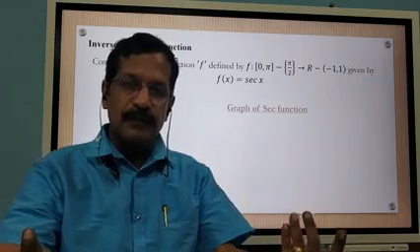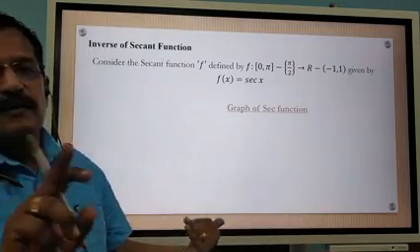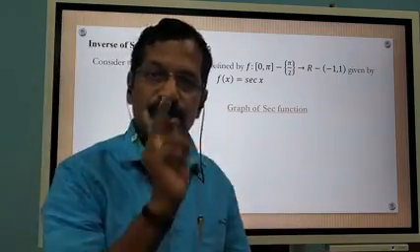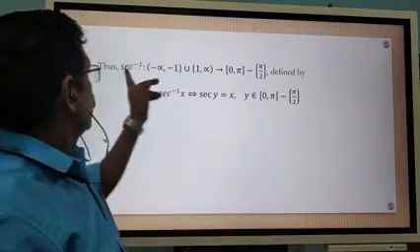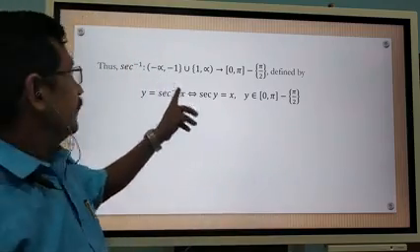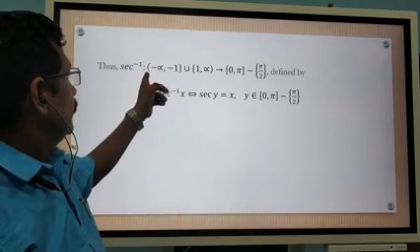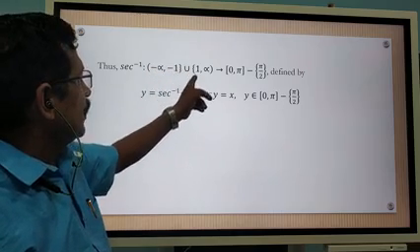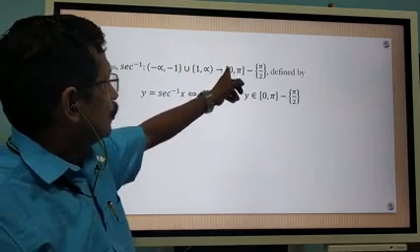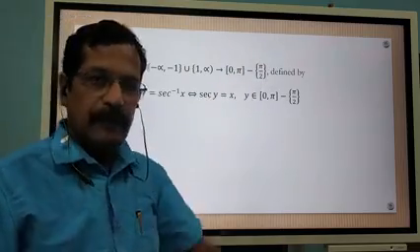It is now invertible, and we can define the inverse of sec. The sec inverse is defined from minus infinity to minus 1 union 1 to infinity, to the closed interval 0 to pi minus pi by 2.